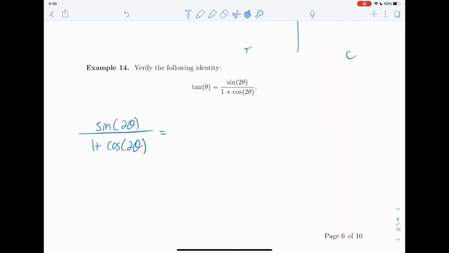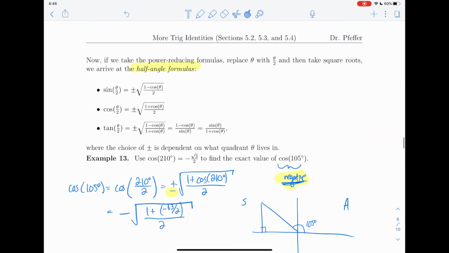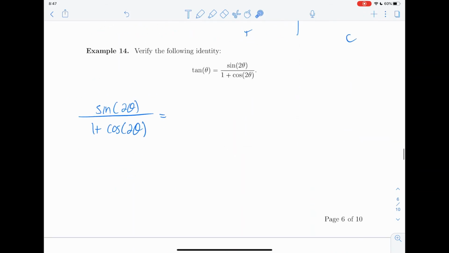Well, let's look at our half-angle formulas. Take a look right here. Sine of theta over 1 plus cosine theta is equal to the tangent of theta over 2. And this is true for any theta. So instead of this being a theta, I'm going to think of it as a 2 theta.